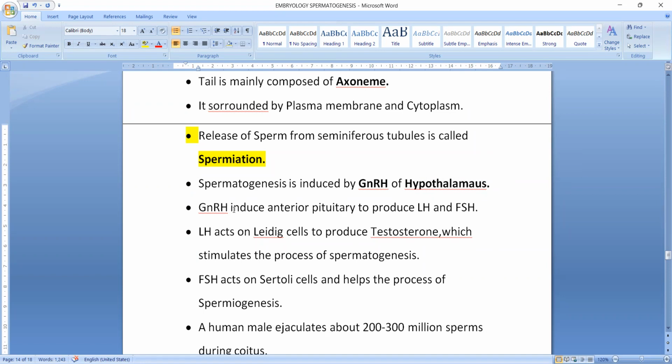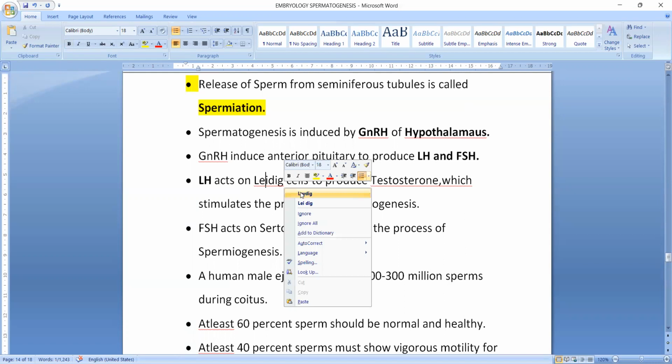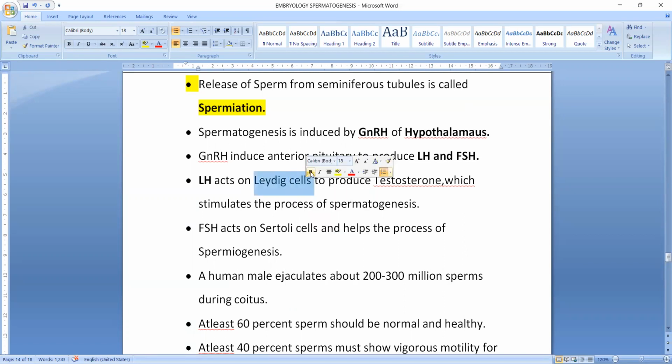So GnRH induces the anterior pituitary to produce gonadotrophins, that is luteinizing hormone and follicle stimulating hormone. And this is very, very important: luteinizing hormone acts on the Leydig cells to produce testosterone.